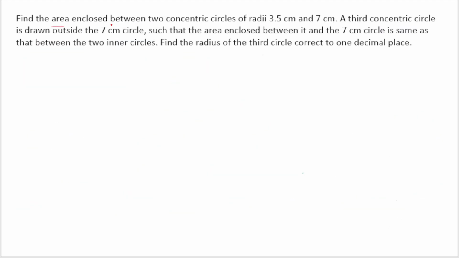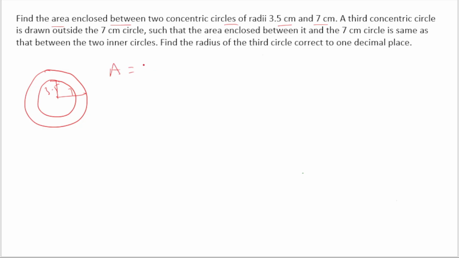Find the area enclosed between two concentric circles of radii 3.5 centimeters and 7 centimeters. See, there are two circles. The bigger circle is of radius 7 centimeters and the smaller circle is of radius 3.5 centimeters. We have to find the area between these two concentric circles.